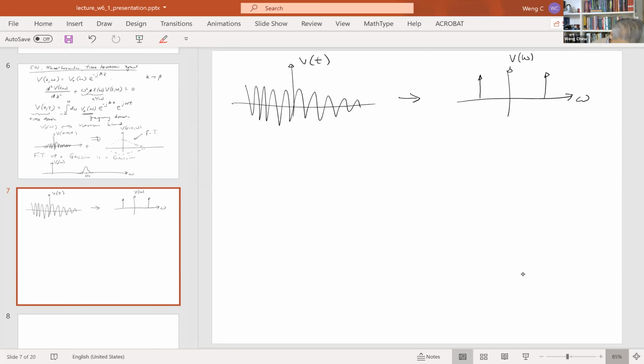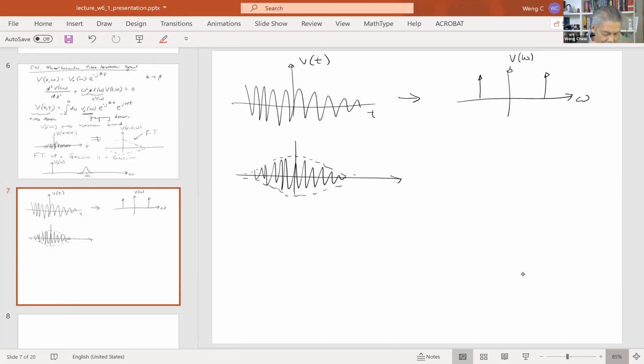So now you can use some very simple theorem, that if I were to shape this function, a sinusoidal signal, with a Gaussian pulse, okay, what would this Fourier transform be like? Well, there's one Fourier theorem that you have to remember.